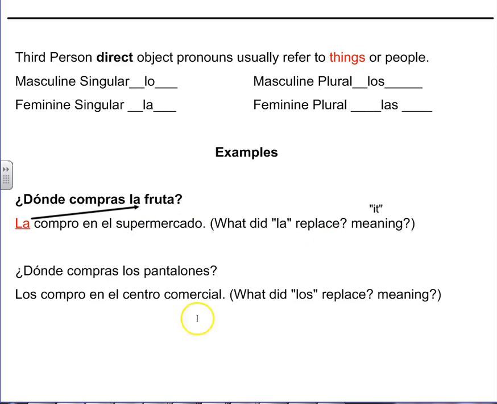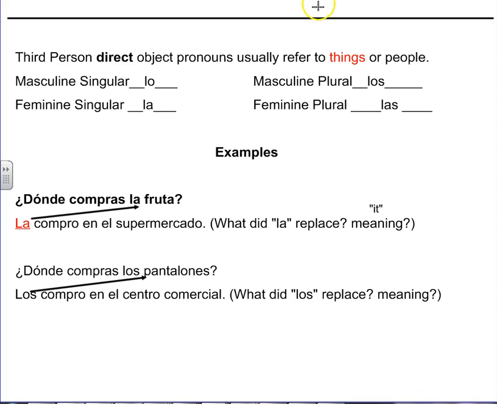What if the thing is more than one? Like down here, pantalones is a plural word. Okay? ¿Dónde compras los pantalones? Where do you buy the pants? The answer, los compro en el centro comercial. Again, what did the los replace? If you said that the los replaced los pantalones, you're exactly right.